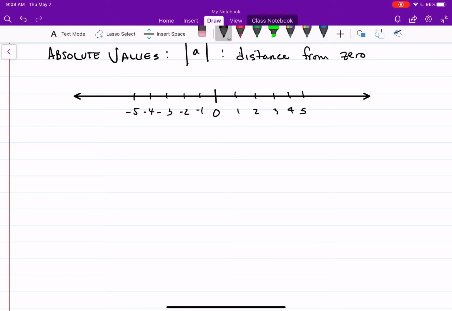Okay, so if I said the absolute value of -5, oops, I always do this, of -5, well, how far is -5 from 0?